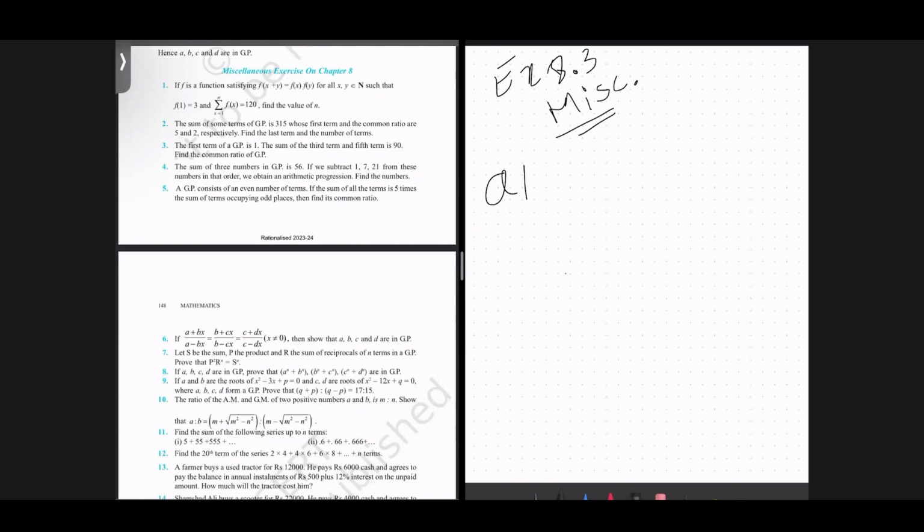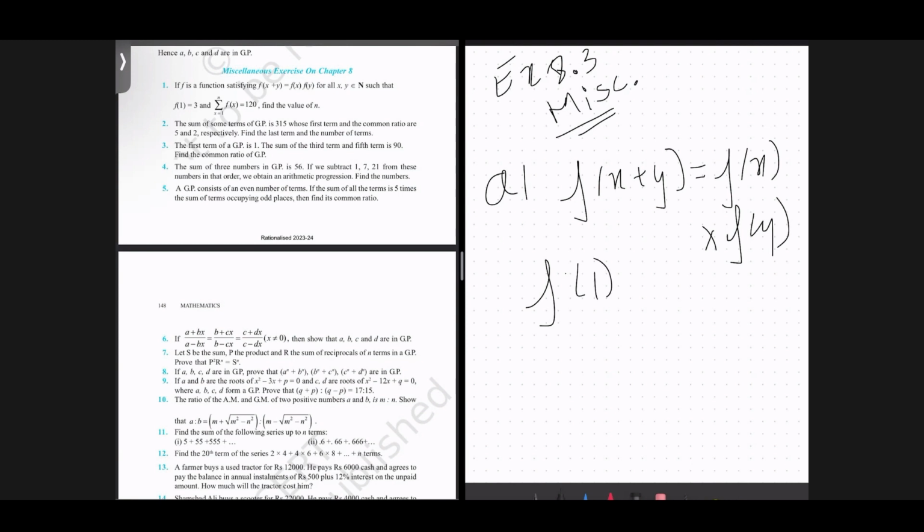Right. So we have been given that f of x plus y is equal to f of x into f of y. F of 1 is given to us as 3 and the summation, x equals 1 up until n, of f of x is going to be 120, as has been told to us.